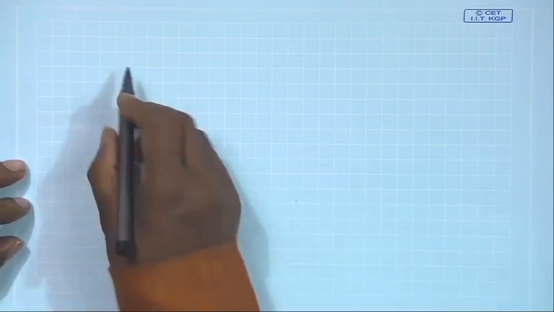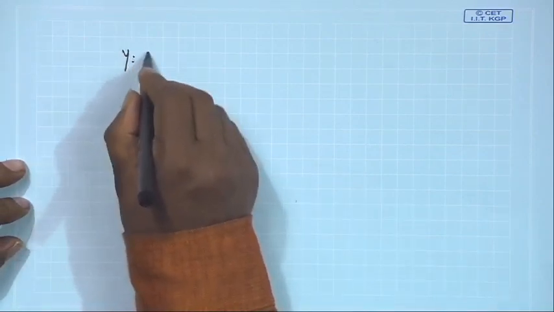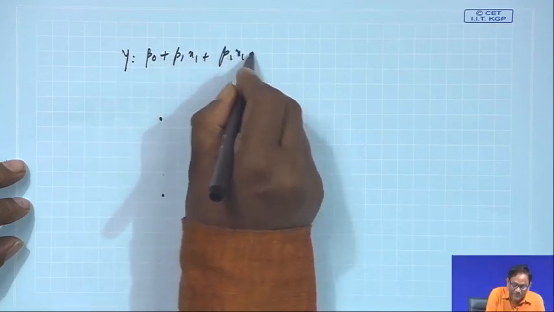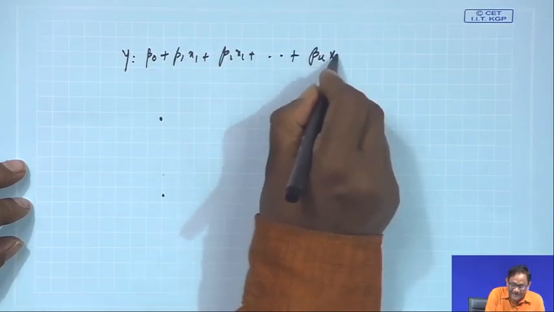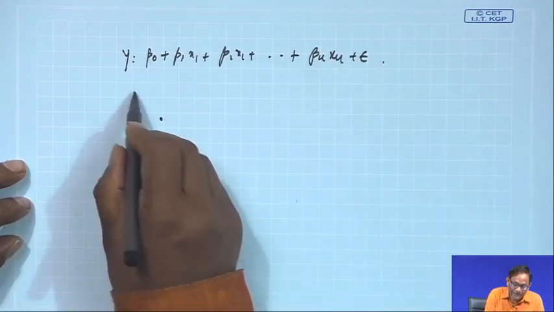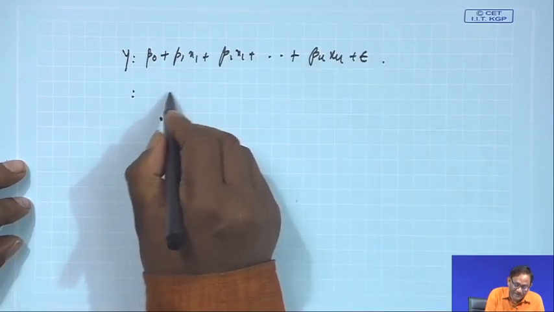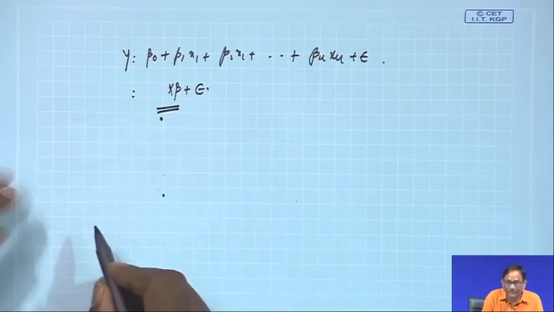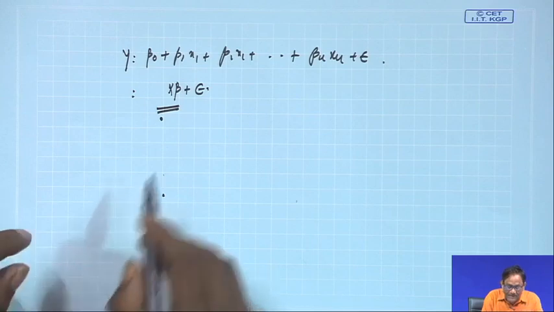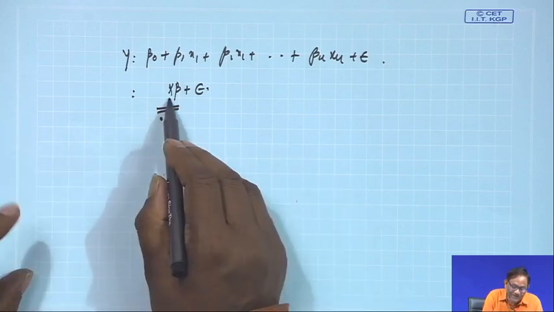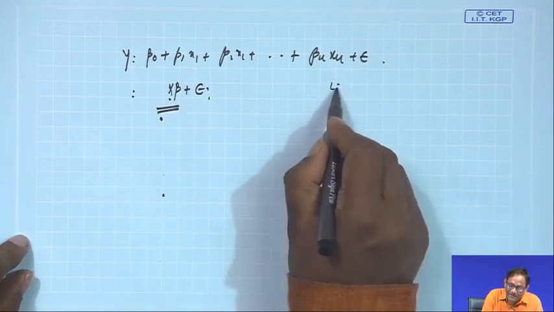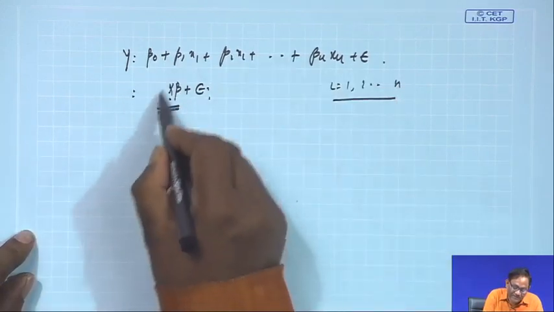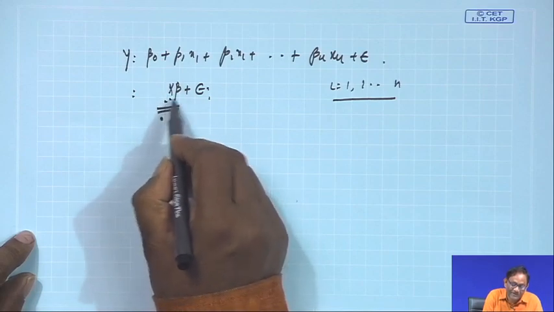Suppose we say that y is beta 0 plus beta 1 x1 plus beta 2 x2, like this, plus beta k xk plus epsilon. This can be written like this: y equal to X beta plus epsilon. And we will see what X is and what beta is when i equals 1 to n, how X and beta will be derived.